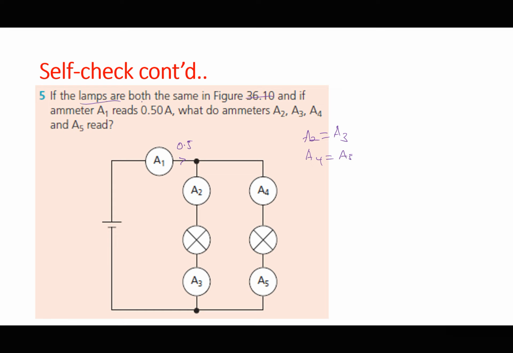They say the lamps are the same, so they are identical. So we expect that the current divides equally. So this should take 0.25, and the other one should also take 0.25. So each of them is going to read 0.25 amperes. That is in accordance with Kirchhoff's first law: the sum of current into the junction is the same as the total current leaving the junction. We shall see that later on.